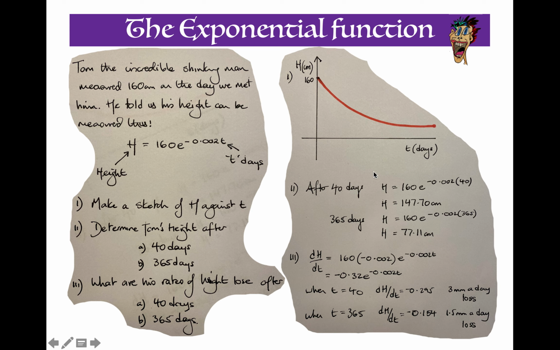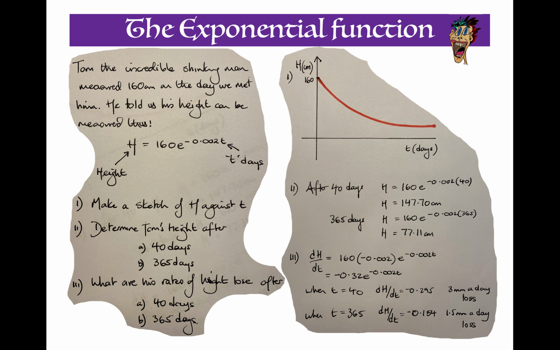So we simply substitute our values for t into the formula. When t is 40, the height is 147.70 centimeters. What about when t is 365 days? We put that in, and we find that the height is now 77.11. So after 1 year, his height has dropped from 160 centimeters to 77.11 centimeters.